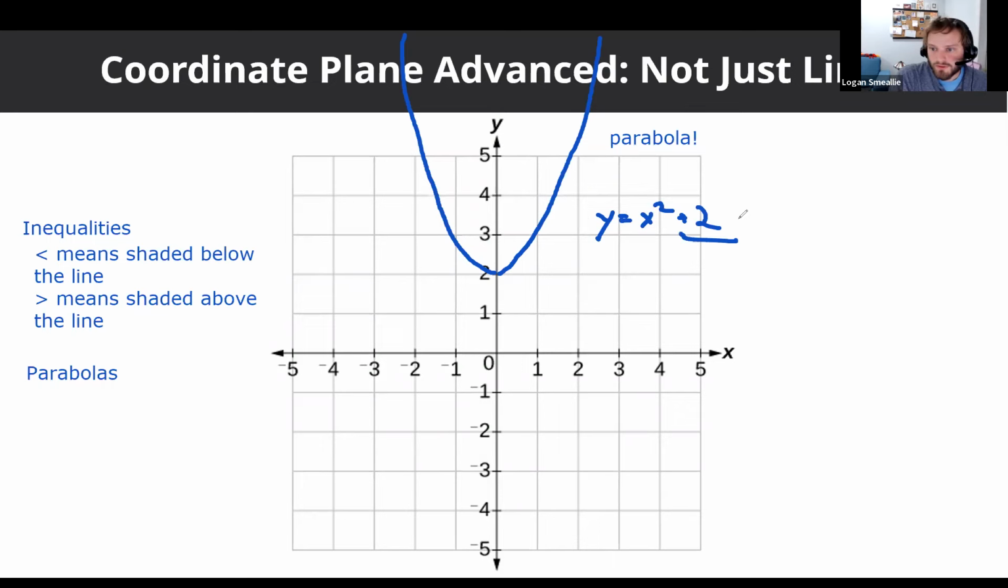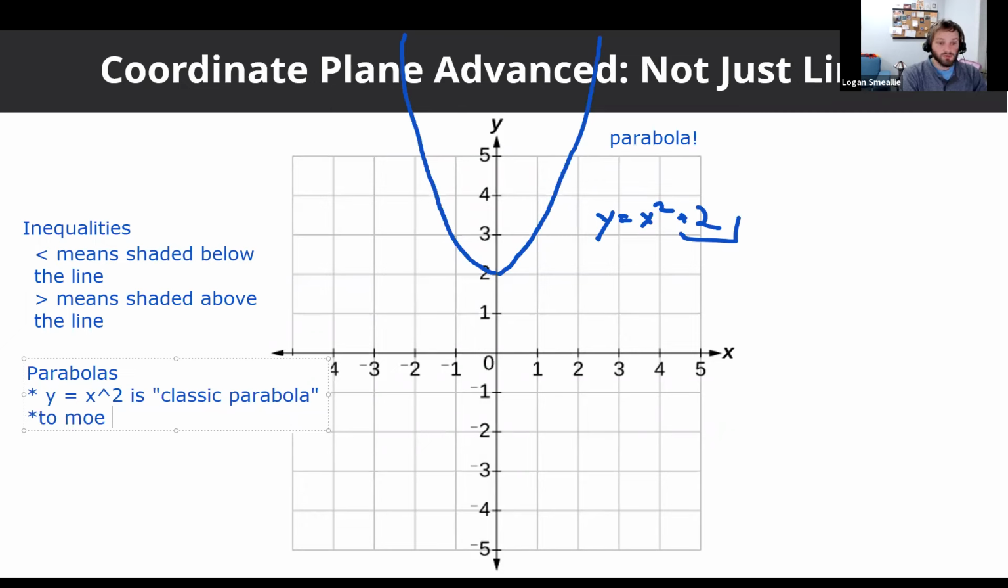Okay, so I'm going to just put some quick notes over here. So y equals x squared is like your classic parabola. Okay, classic flavor.